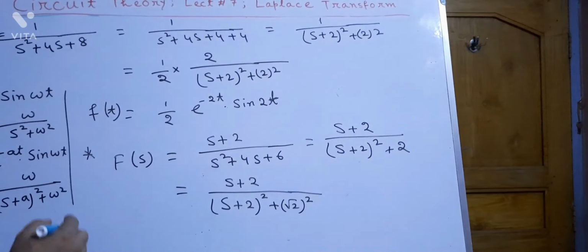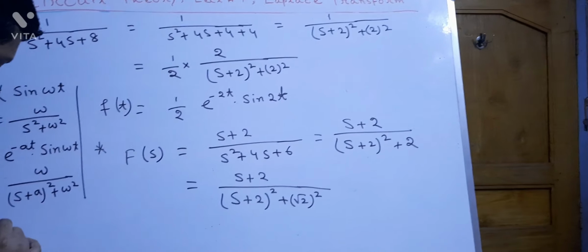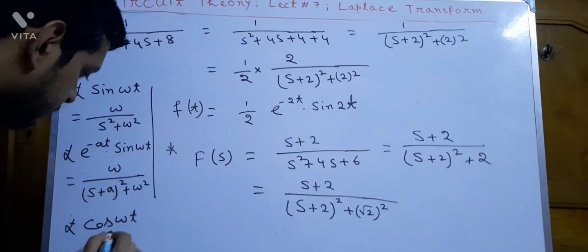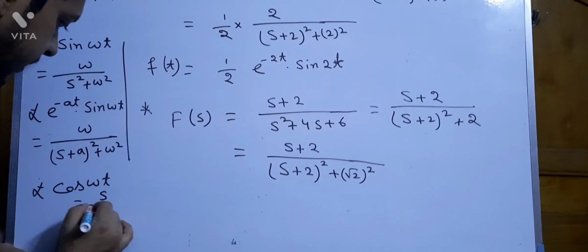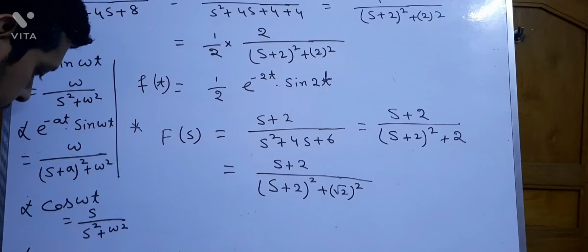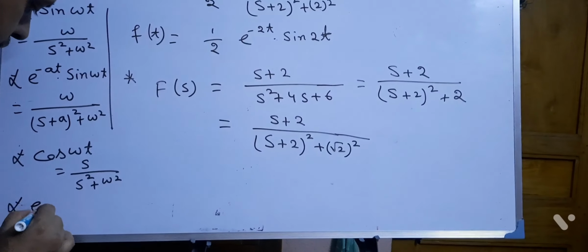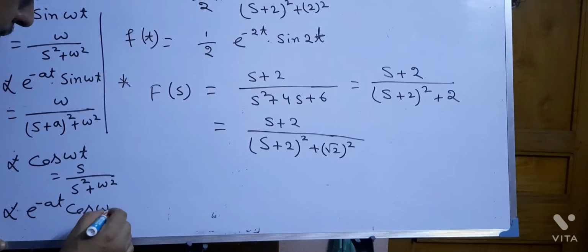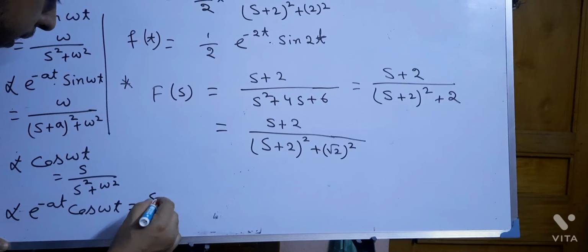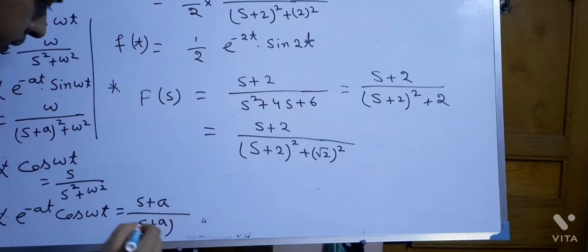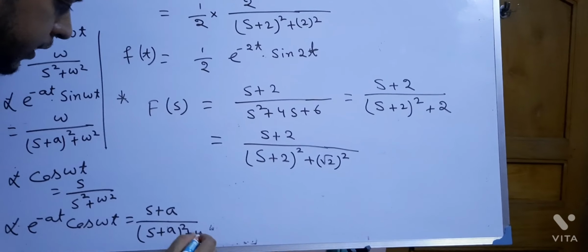Now we know that the Laplace transform of cos omega t equal to s by s square plus omega square, and the Laplace transform of e to the power minus at cos omega t equal to s plus a by (s plus a) square plus omega square.